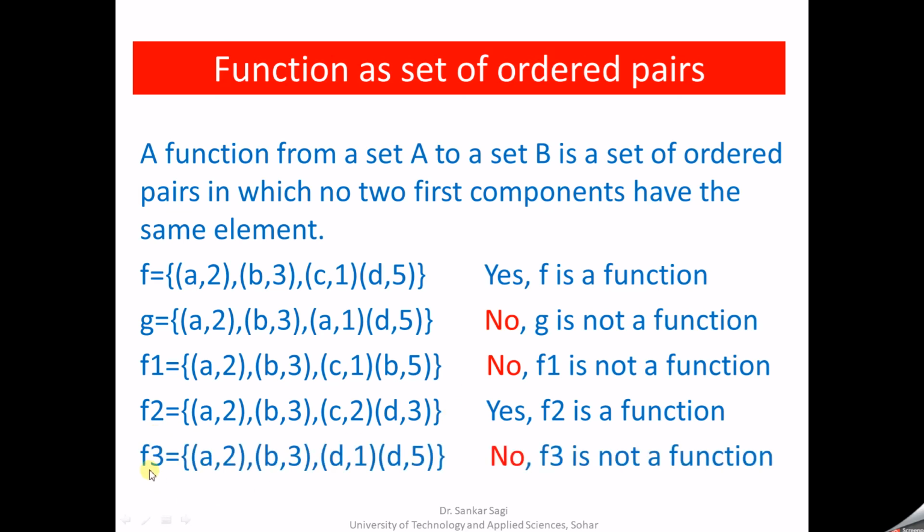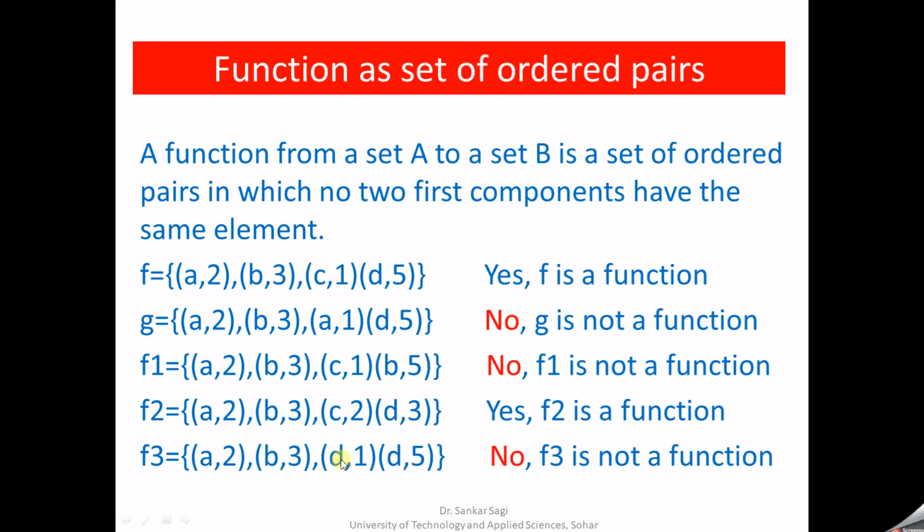And F3 is defined by the set containing ordered pairs (A,2), (B,3), (D,1), (D,5). Again, is F3 a function? No, as the element D has two images. D has the image 1 and D has the image 5.